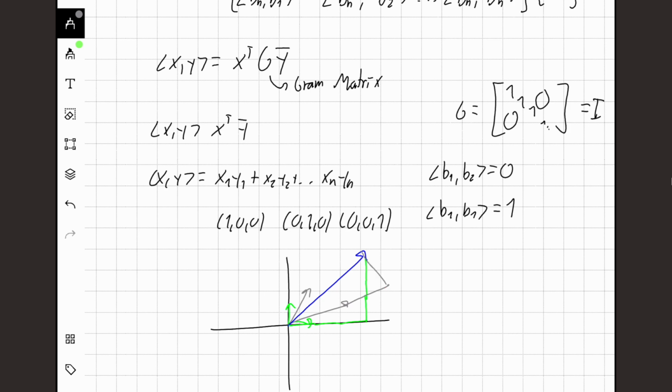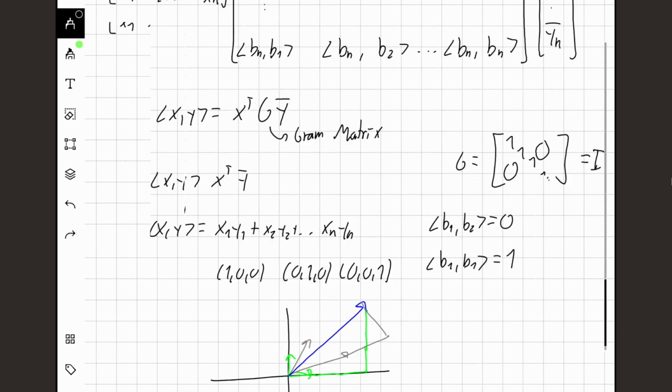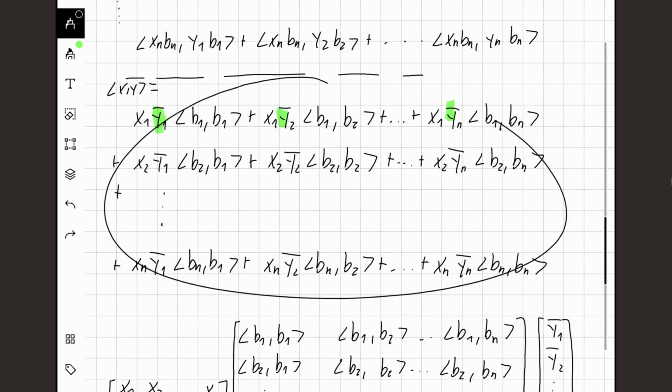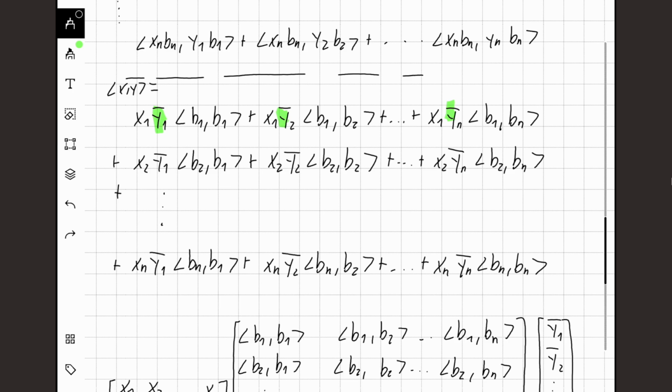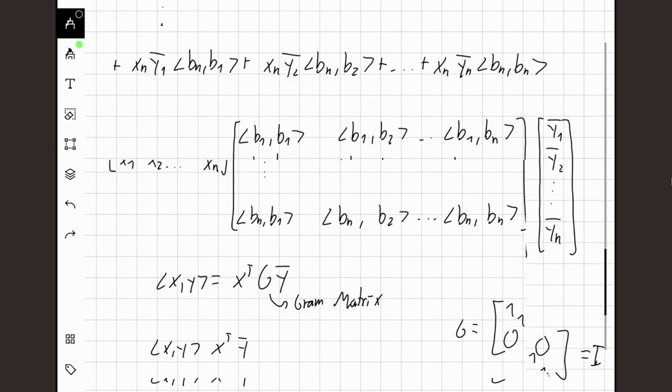If I use a different basis, then even with this classic definition of the inner product, I would have to do the component-wise product of every single value here. So it wouldn't be that only the diagonals remain.